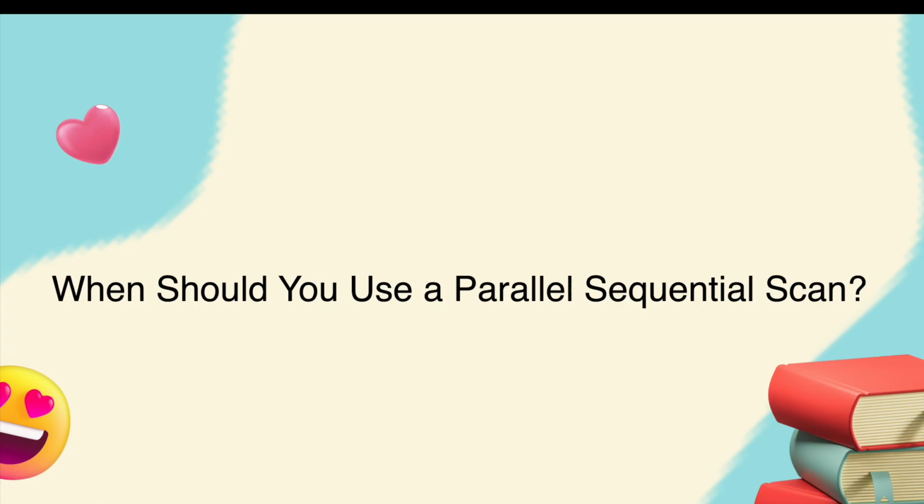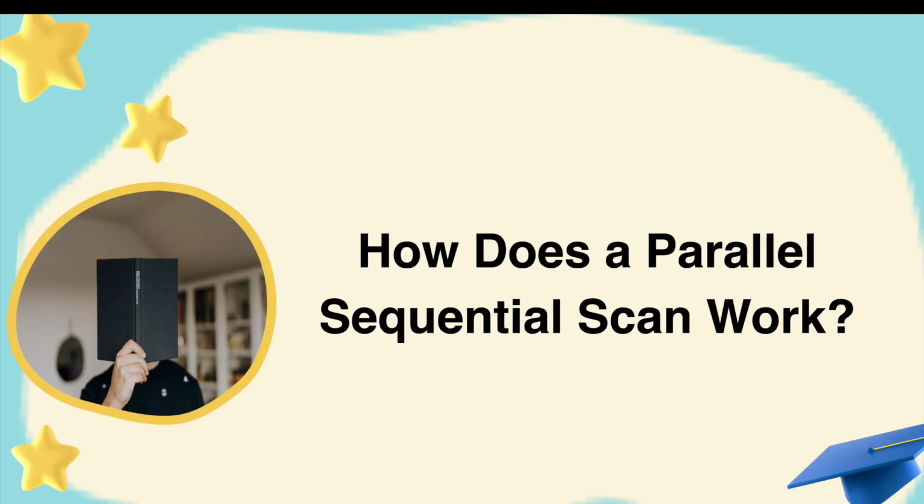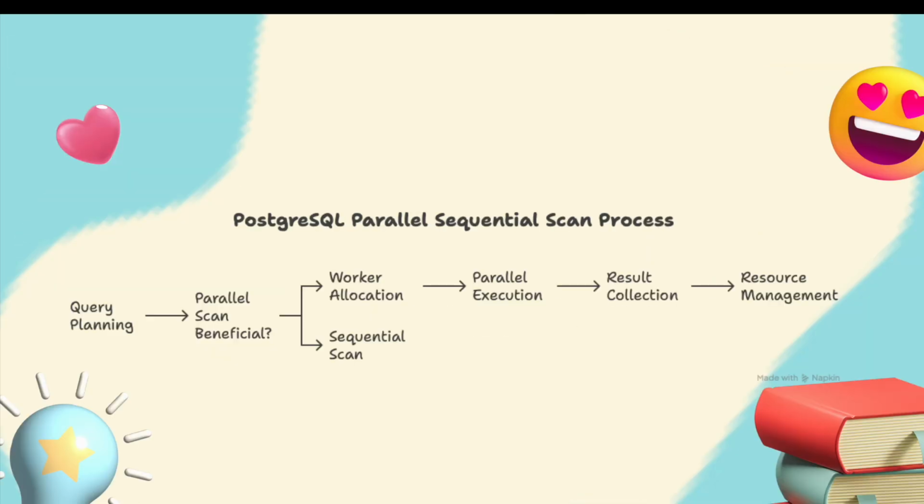So far we understood what a parallel sequential scan is and when to use it. Next thing is, how does the parallel sequential scan work? It works in four to five stages: query planning, worker allocation, sequential scan and parallel execution, result collection, and resource management.